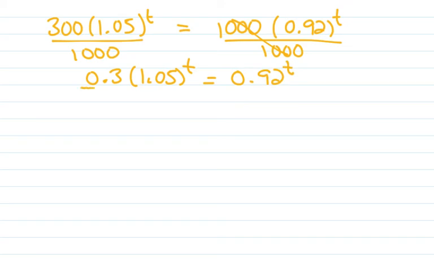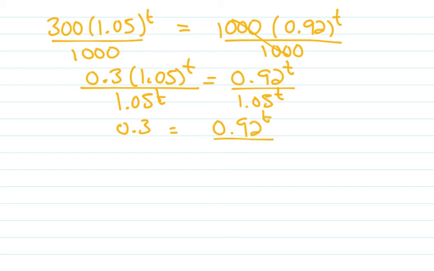Now I'm going to divide both sides by 1.05 to the power of t. And now I have 0.3 equals 0.92 to the power of t divided by 1.05 to the power of t. And if both of these are to the power of t, that means I can put them in brackets and make the whole thing to the power of t, because that power applies to each term in that bracket.